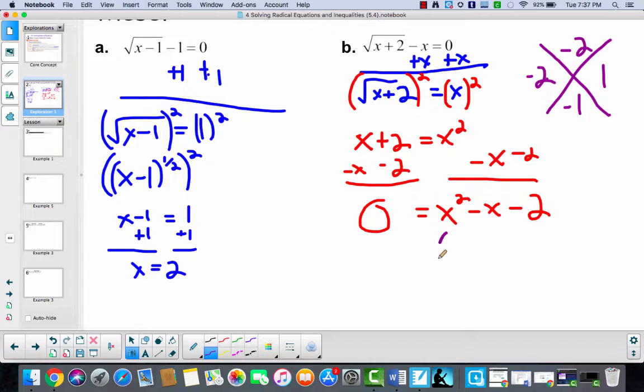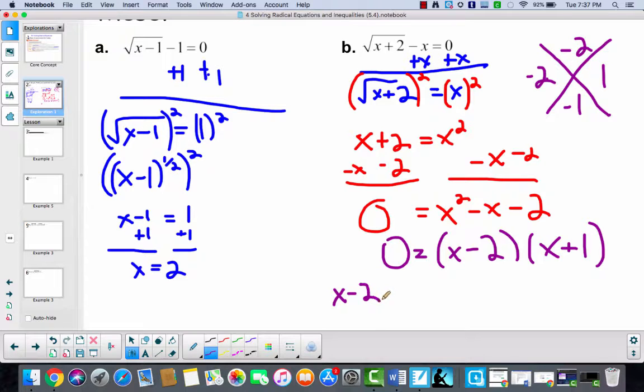And so this is going to factor into x minus 2 and x plus 1 equals 0. Now what do I have to do with each of those? I set them each equal to 0. And I solve.